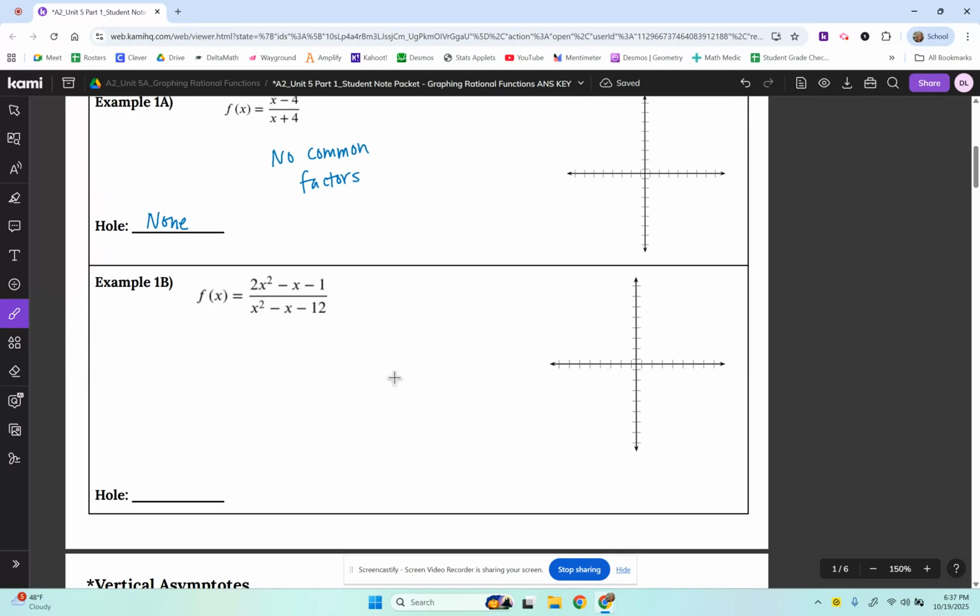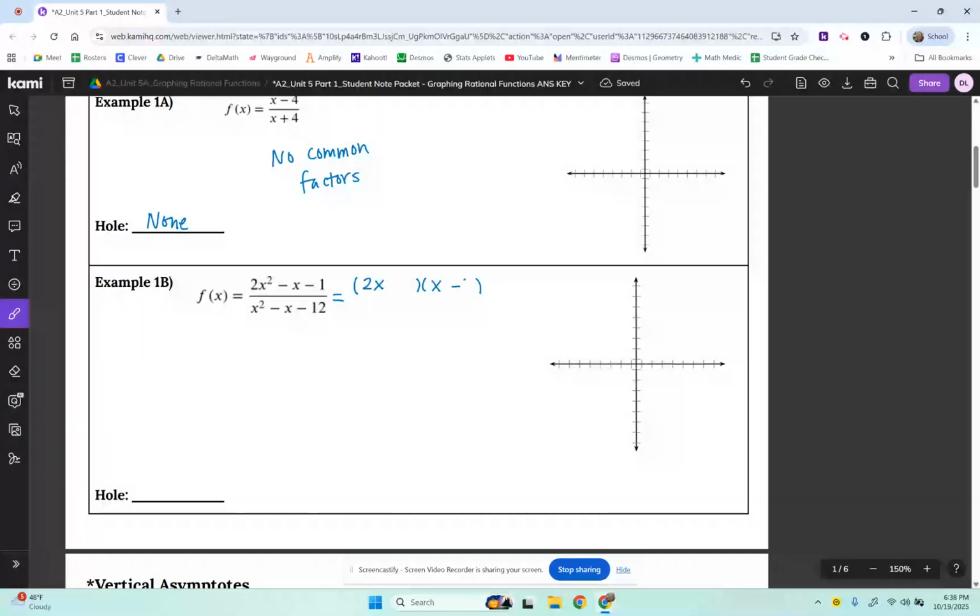Okay, let's take a look at the second one. Here we have a trinomial divided by a trinomial, so we're going to factor these. Remember way back when we factored, I know 2x squared is going to factor into 2x and x, and I need to factor a minus 1, but I have to have a plus 1 and a minus 1 for these two factors, and I need my bigger number to be minus.